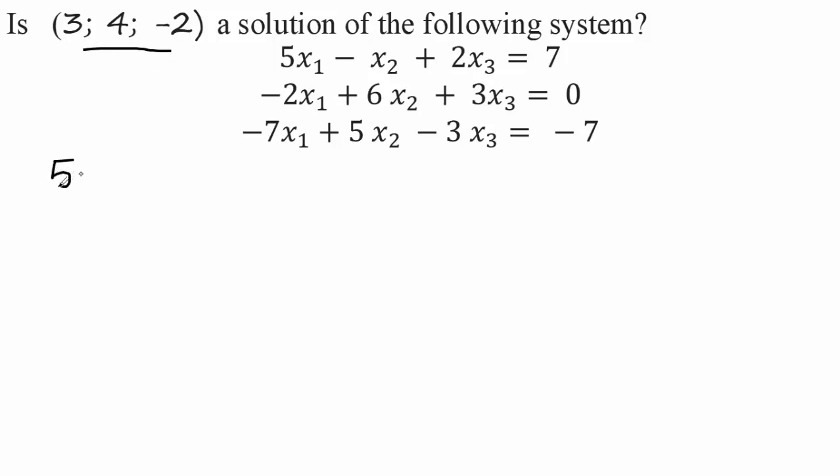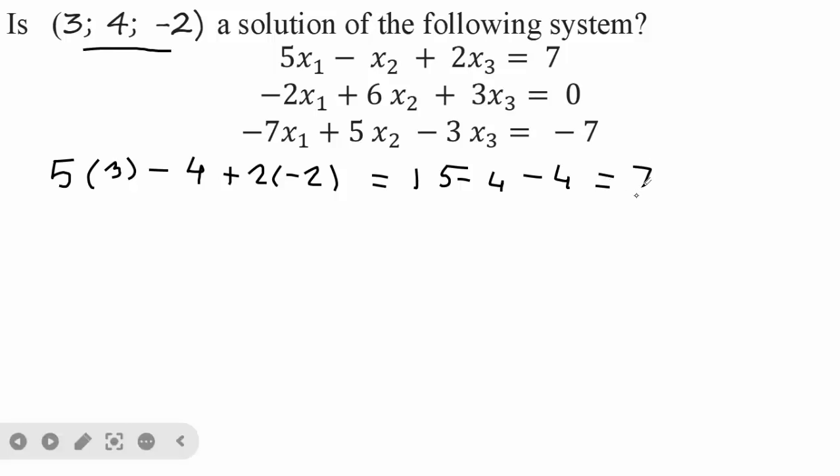For the first equation, 5 into 3 minus 4 plus 2 into -2. That comes to 15 minus 4 minus 4, which is 15 minus 8 equal to 7. Therefore, the first equation is satisfied.